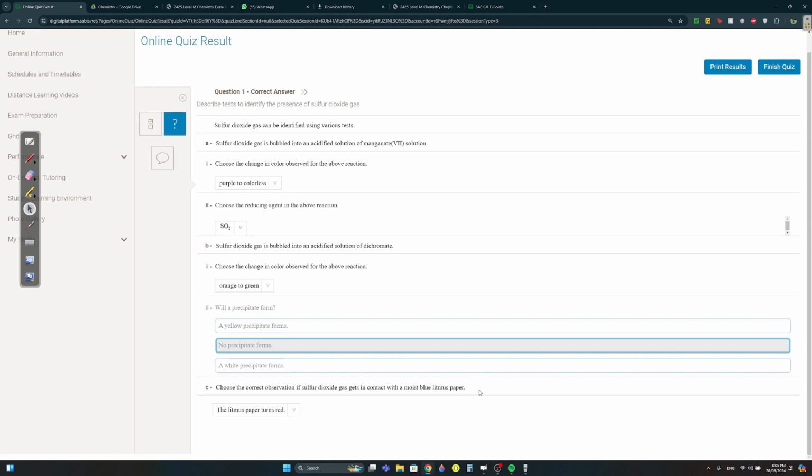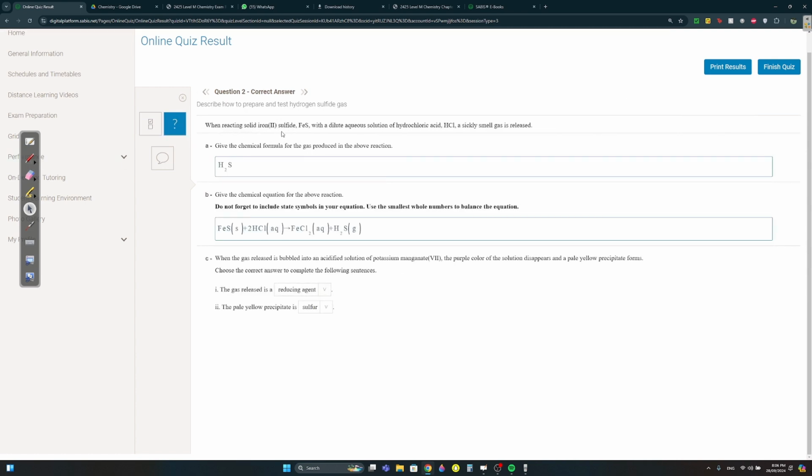Then they put it onto a solution of dichromate. Again I'm confused because we never learned anything about chromate, I don't even think it's in the book. But choose the changing color: it changes from orange to green. It reduces the color of dichromate from orange to green, and no precipitate forms. The correct observation: if you put sulfur dioxide gas with litmus paper, it would turn it red because sulfur dioxide is acidic.